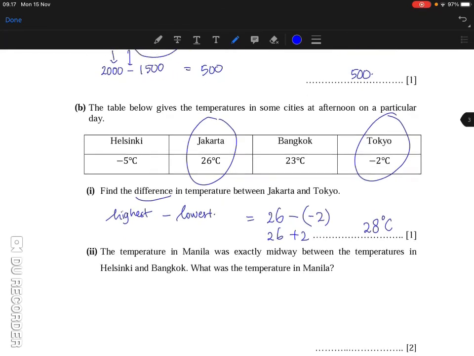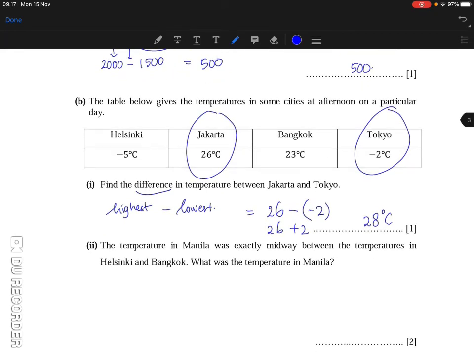Move on to the next one. The temperature in Manila was exactly midway between the temperature in Helsinki and Bangkok. What was the temperature in Manila? This one is midway. It means you have to plus the Helsinki and Bangkok. After that you divide it by 2.